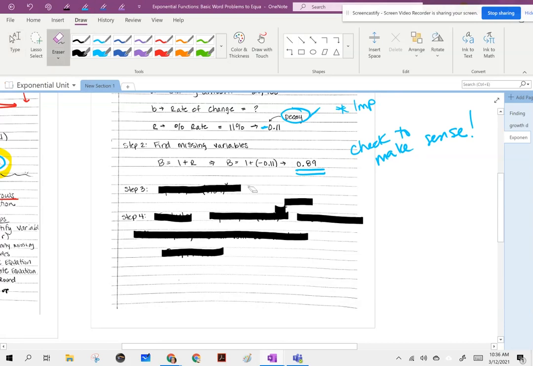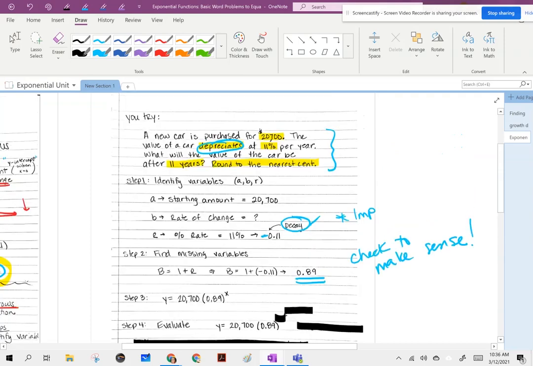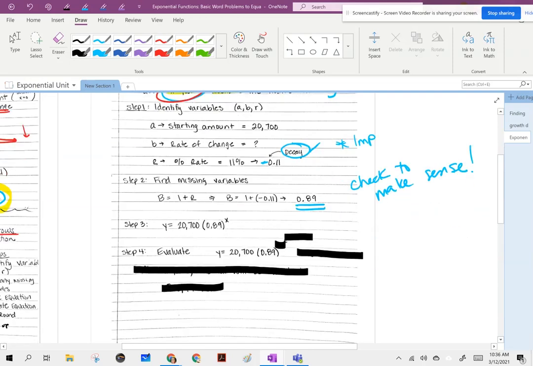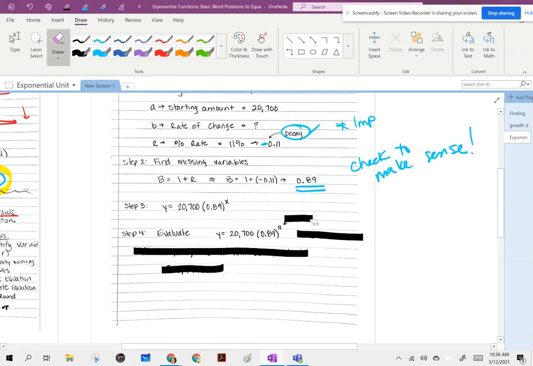So now we're going to take this information and put it in the form of an equation. Right? So there's our initial value and there's our growth rate. And then step 4 is just to evaluate, which means I'm going to take my equation. It said, how much is it worth after 11 years, right? So 11 years is going to be what I put here. And remember that that's the number of years. It's not the rate.